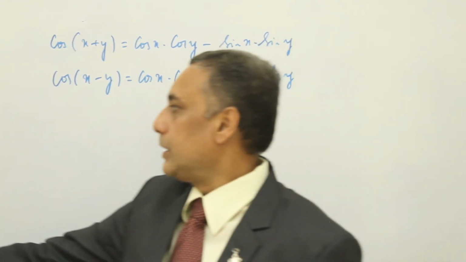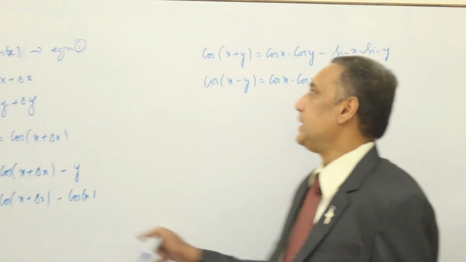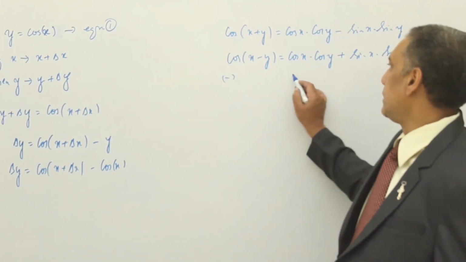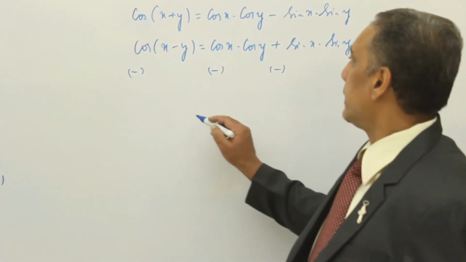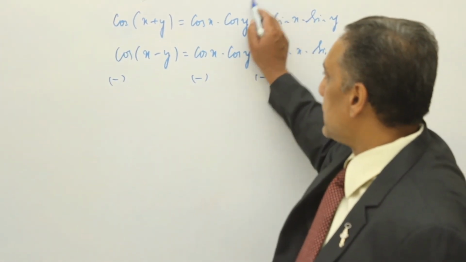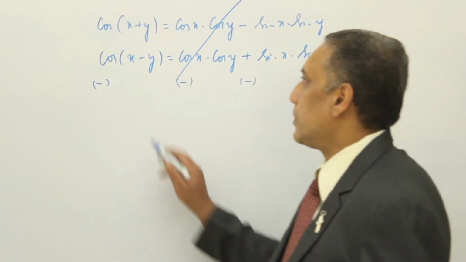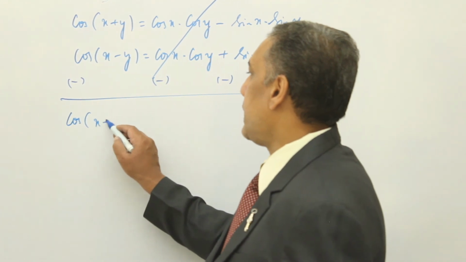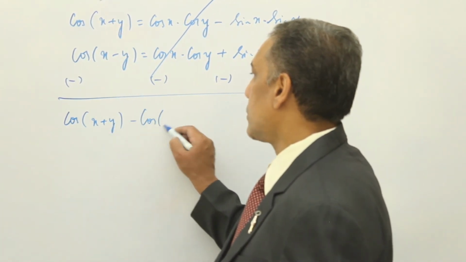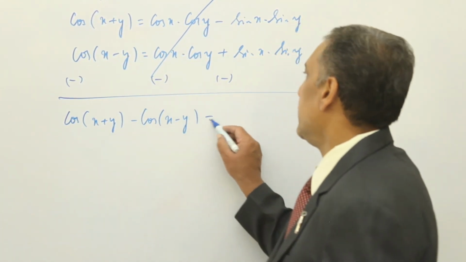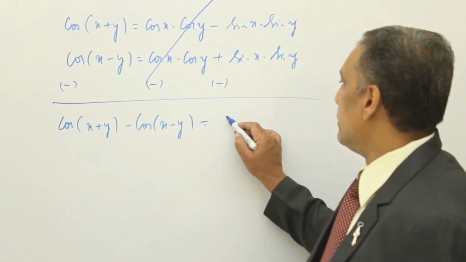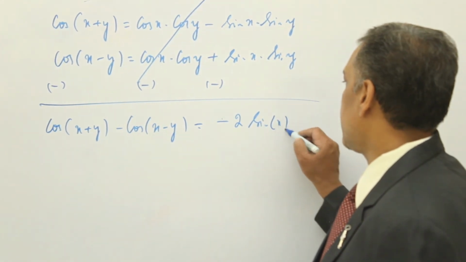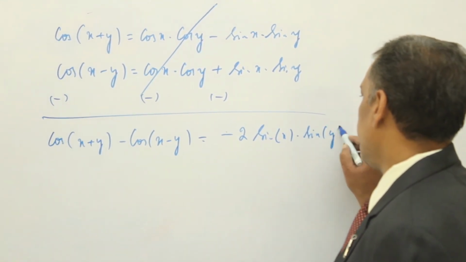Now, since we need the cos alpha minus cos beta format, we will take the subtraction of these. So changing the sign, we get cos x cos y, plus and minus will get cancelled. So therefore you will be getting cos of x plus y minus cos of x minus y equals minus 2 sin x into sin y.